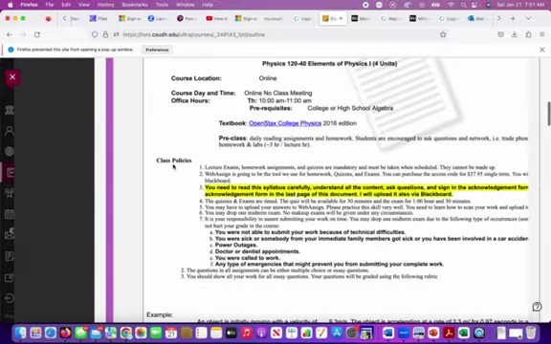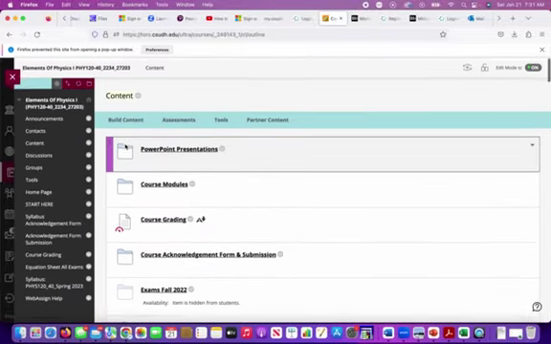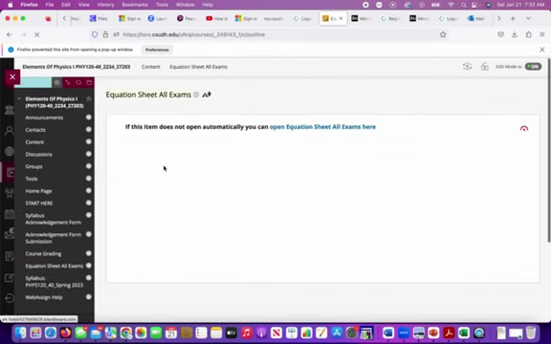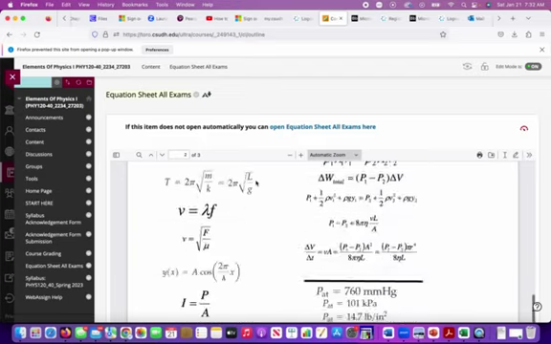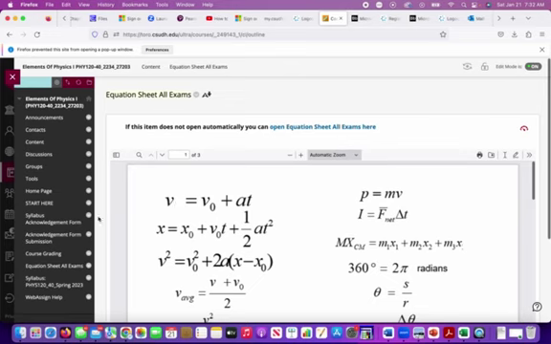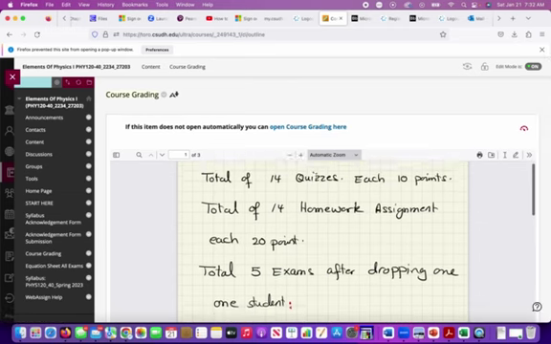I will say it is tentative. Okay, here, this is the equation sheet for all the exams. You're gonna look at it, where we have all the equations. This one is really important for you to understand.